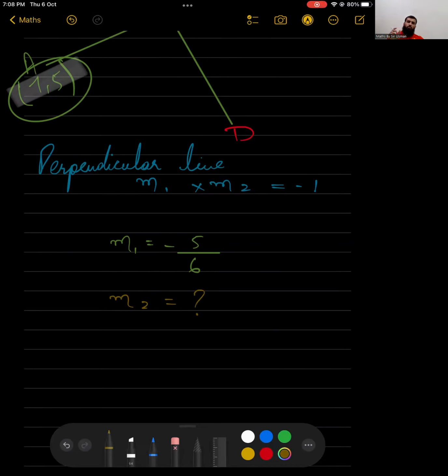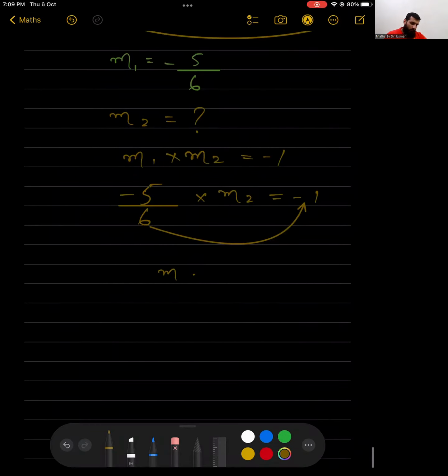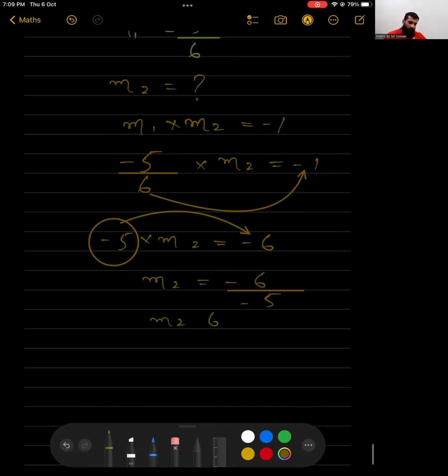What you need to do is you need to use that particular equation right from here. अपनी equation use करनी है. m1 times m2 is equals to -1. m1 is provided as -5/6. m2 is unknown, is equals to -1. अब आपने क्या करना है, आप पहले 6 को लेकर जाएंगे दूसरी साइड पर. इट वाज बीइंग डिवाइडेड, दूसरी साइड पर जाकर ये मल्टीप्लाई हो जाएगा एंड इट वुड बी -5 टाइम्स m2 इज इक्वल्स टू -6. और ये -5 को जब आप दूसरी साइड पर लेकर जाओगे, it would be m2 is equals to -6 over -5, and the answer turns out to be 6/5.